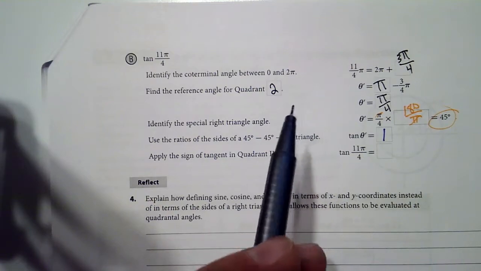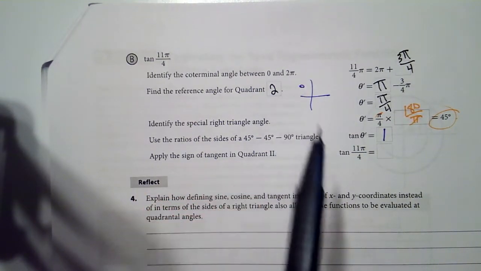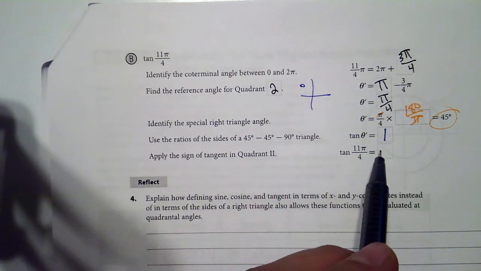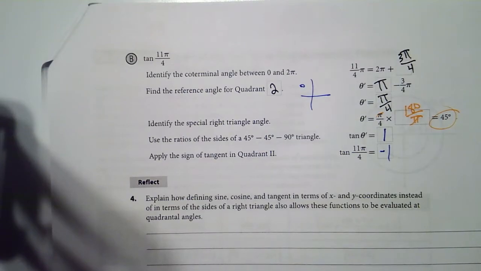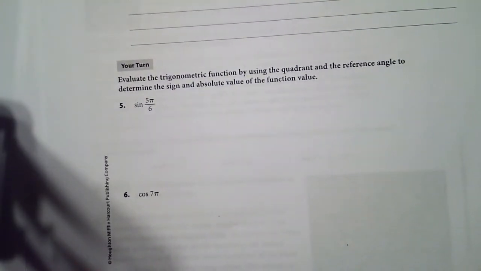Now we look at quadrant 2. Our x is negative, our y is positive, which means it's going to be negative 1. And we're finished.